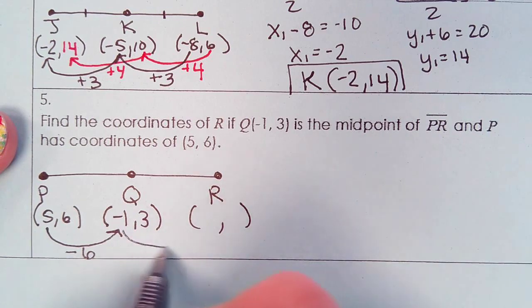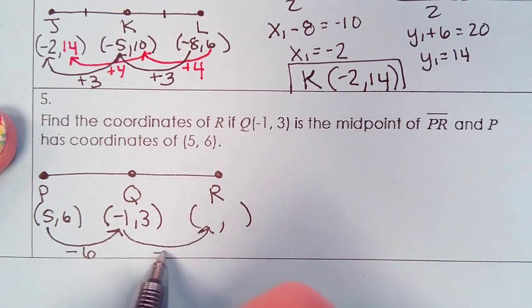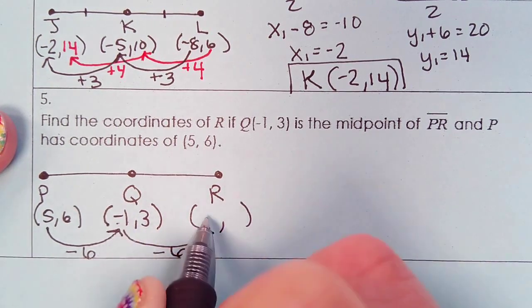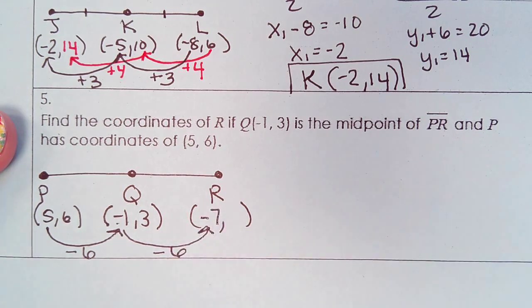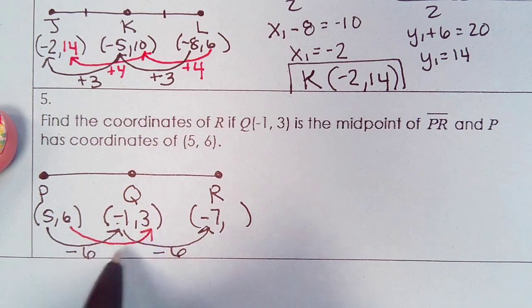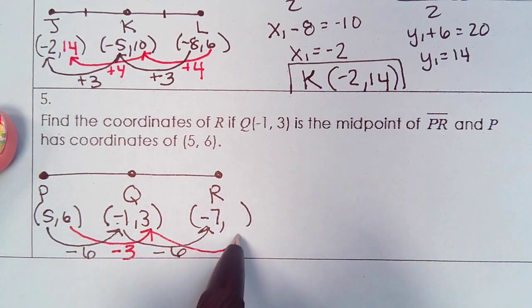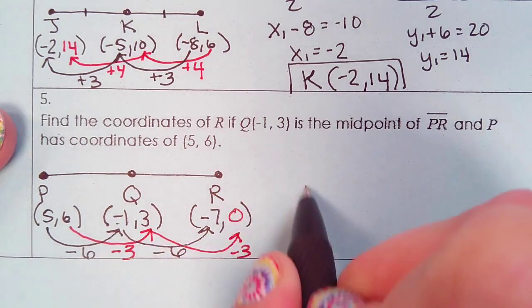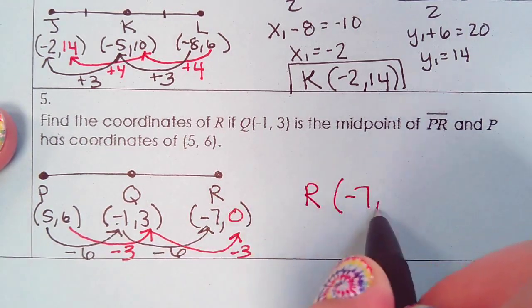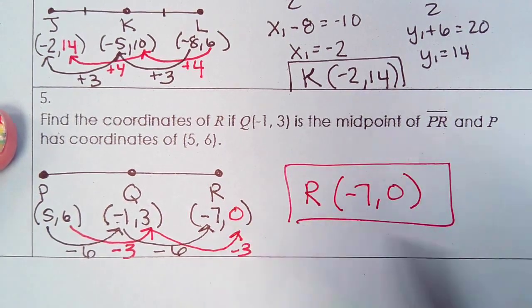So -1 to this point, we should be subtracting 6. -1 minus 6 is -7. Now for my y's, from 6 to 3, I am subtracting 3. From 3 to here, I should subtract 3. So 3 minus 3 is 0. R's ordered pair should be -7, 0. You could do it algebraically as well.